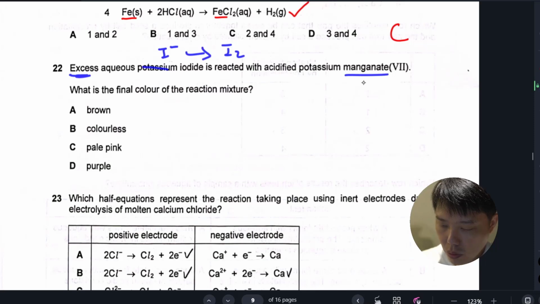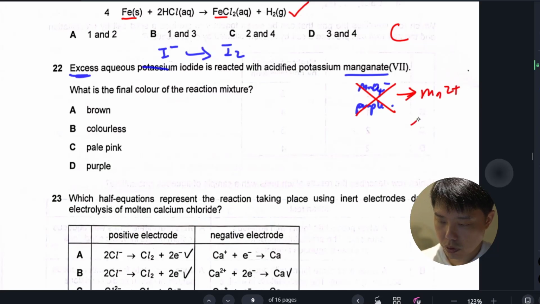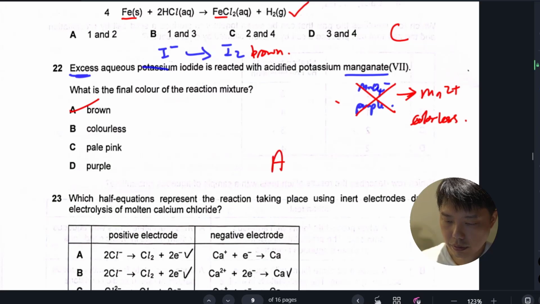So manganate, although it is purple in color, because I minus is in excess, basically all of this will be reacted off to give you colorless Mn2+. So if Mn2+ is colorless and your I2 is brown, your final color of the reaction mixture should be A, brown. Okay, so our answer here is A.